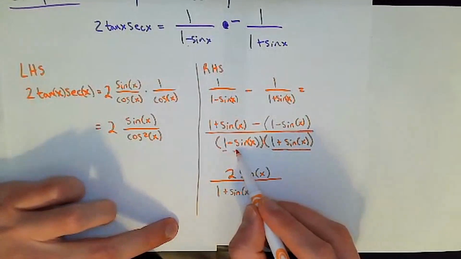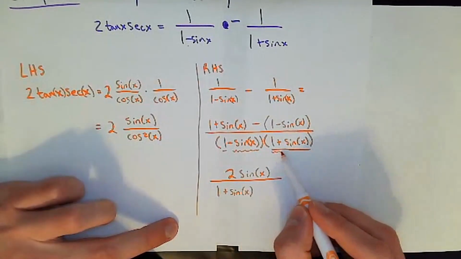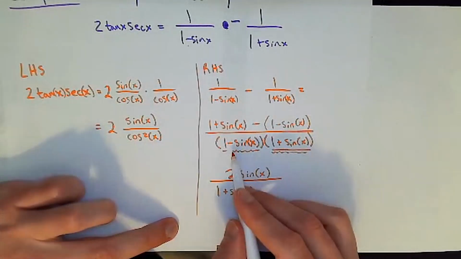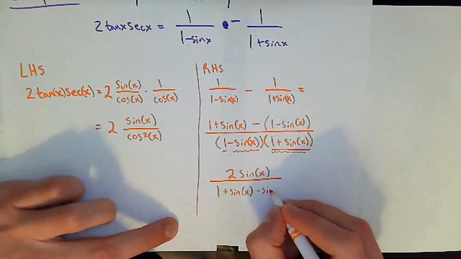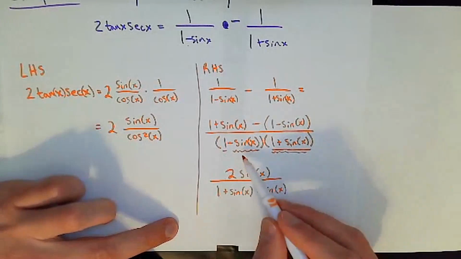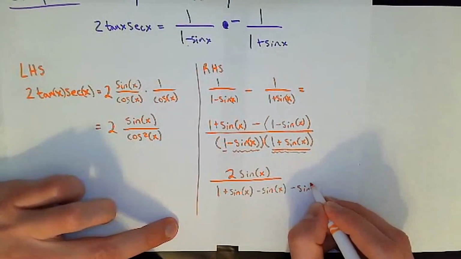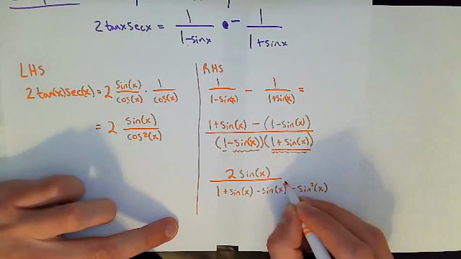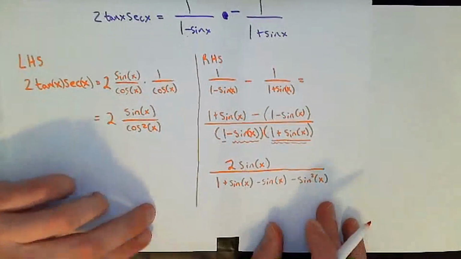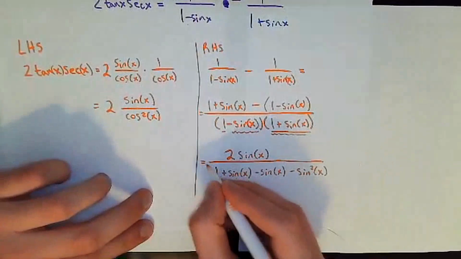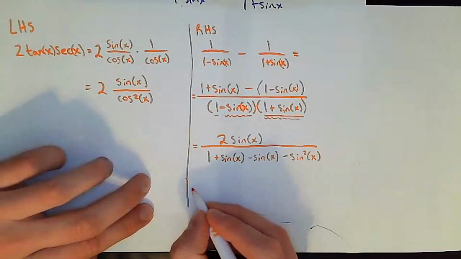Now moving on to negative sine x times all these in here. Negative sine x times 1 is negative sine x. Negative sine x times positive sine x is negative sine squared x. Oh, by the way, these are equal to the original. All right, obviously.